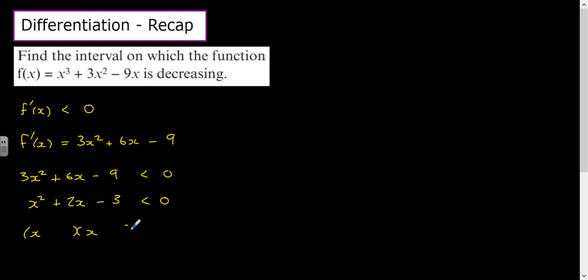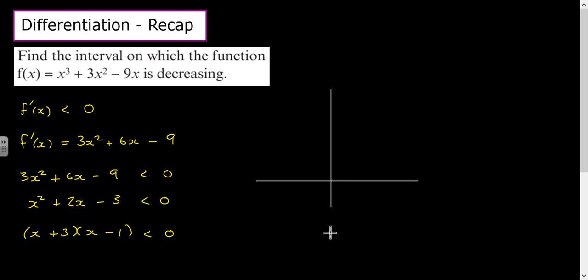So we have two x's. We're going to have 3 and 1, 1's going to be minus, 1's going to be plus, so we can see that we've got plus 3 and minus 1, x squared plus 3x minus 1x, which is 2x, and then minus 3.